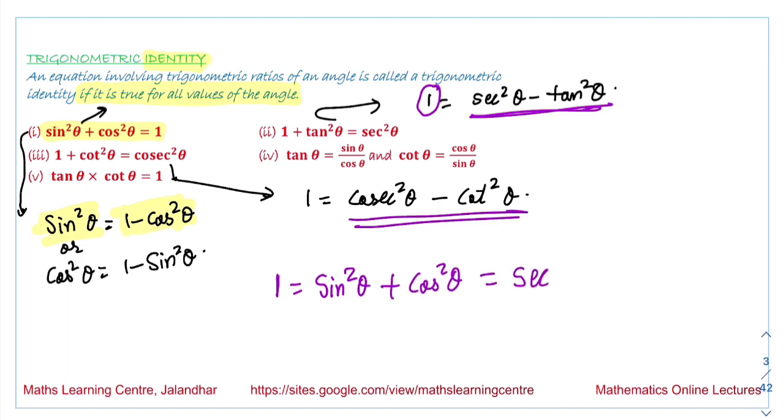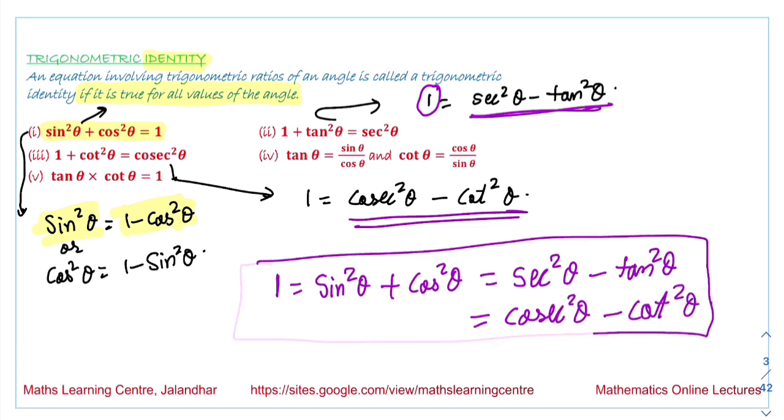This is also equal to secant square theta minus tan square theta, and this is equal to cosecant square theta minus cot square theta. All these values are equal to each other. So based upon these, we have to prove certain equalities.